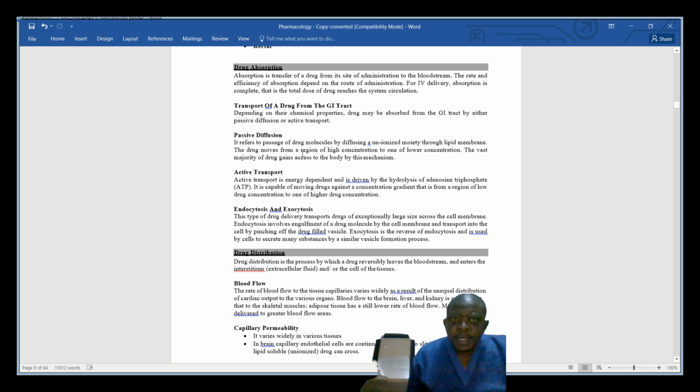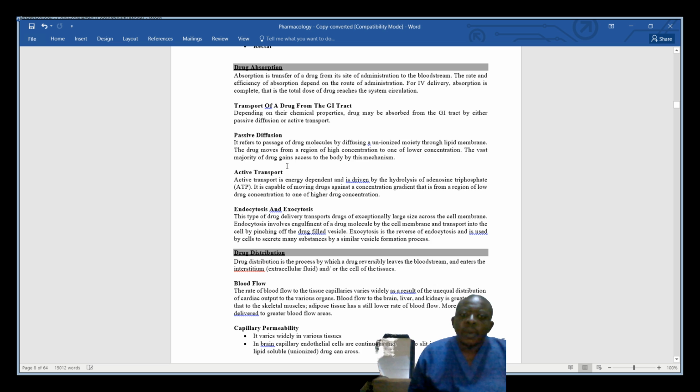Passive diffusion refers to the passage of unionized drug molecules through the lipid membrane. What is important to note is that the drug is moving from a region of higher concentration to one of lower concentration.